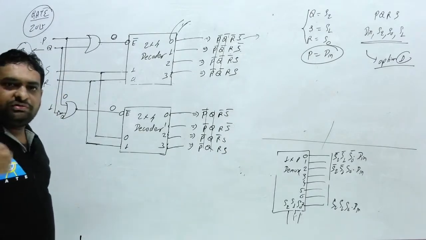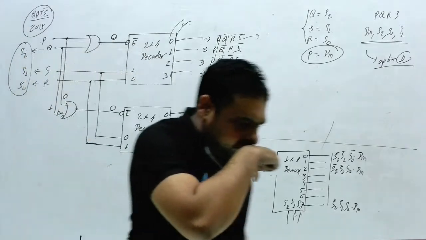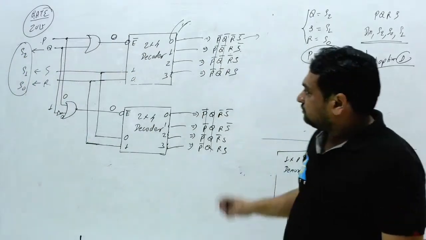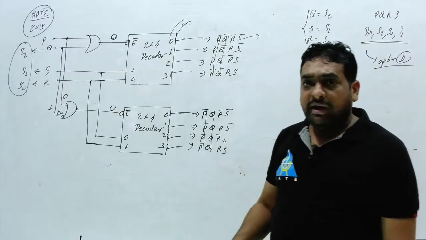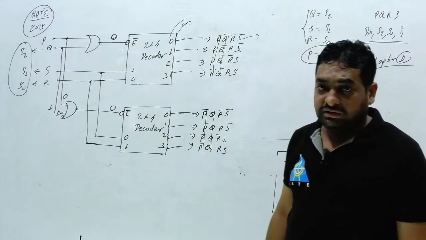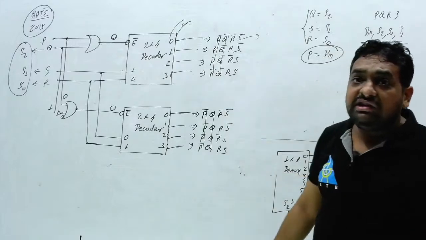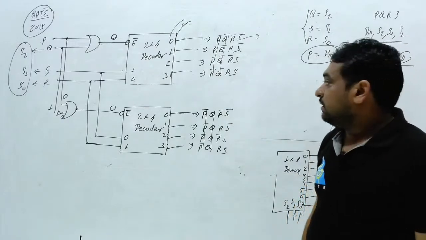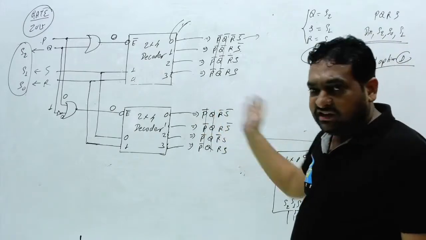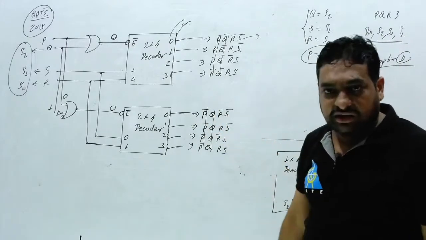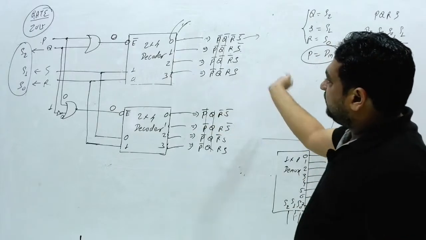So if a reverse question comes in the exam, suppose I ask you to implement a demultiplexer by decoder circuit, then by using this you can easily implement. But in the GATE exam, this is given in terms of active low. The meaning is the same for both, only the representation is different. Either you can solve with active low or active high.